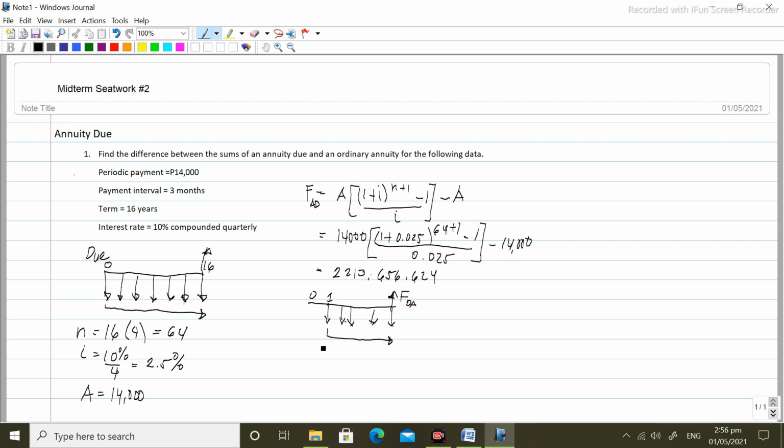Okay, so the formula of the future value of the annuity: F OA is equal to A times 1 plus I raised to N, minus 1, divided by I. Okay, substitute the value 14,000 times 1 plus 0.025 raised to N, so 64 payments, minus 1, divided by 0.025.